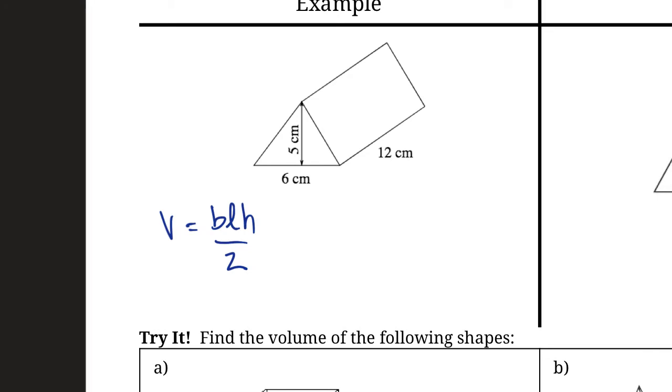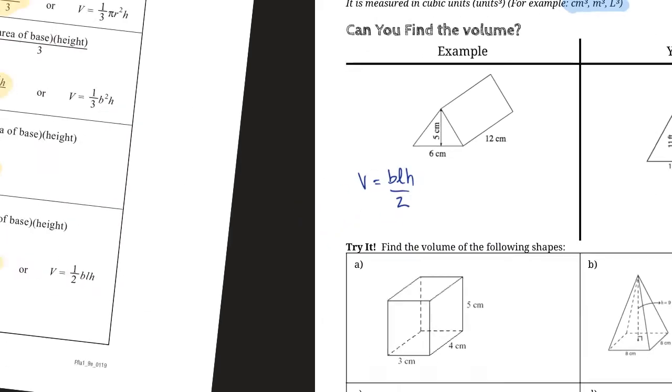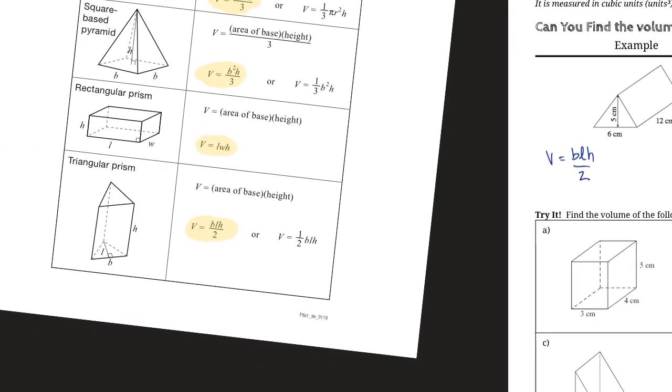Now, what is B, L, and H? The diagram shows us what B, L, and H are. This one's a little bit confusing. It looks a little bit different than this, but the B is the base of the triangle. L looks like it's sort of the height of that triangle, and H looks like it's the height of the rectangle.